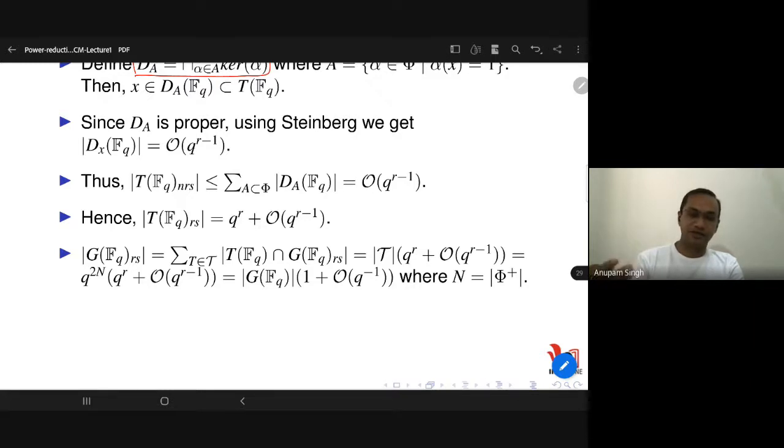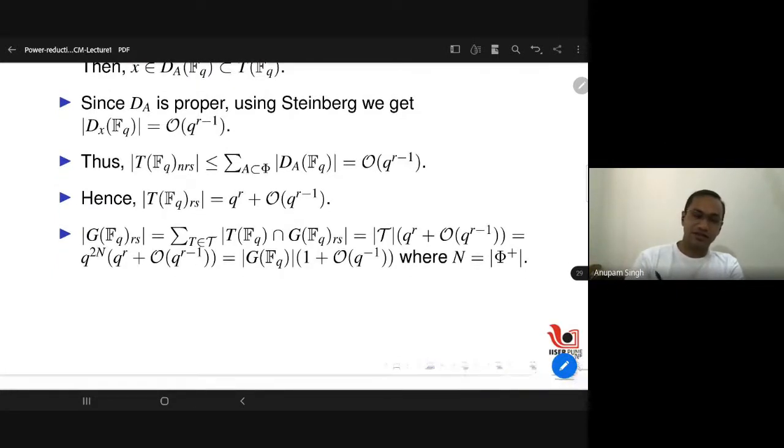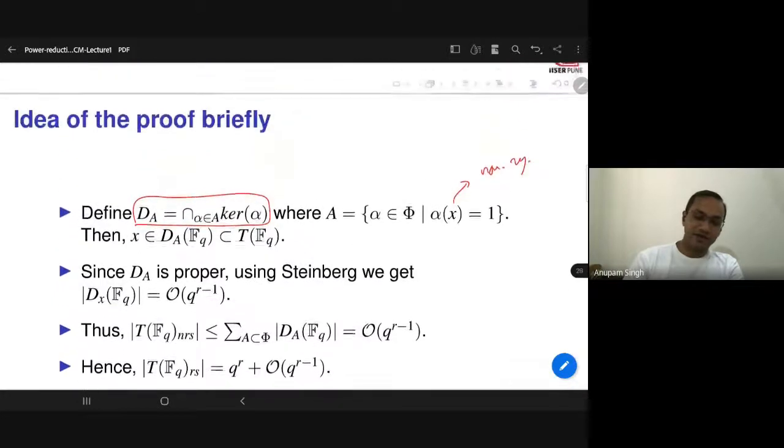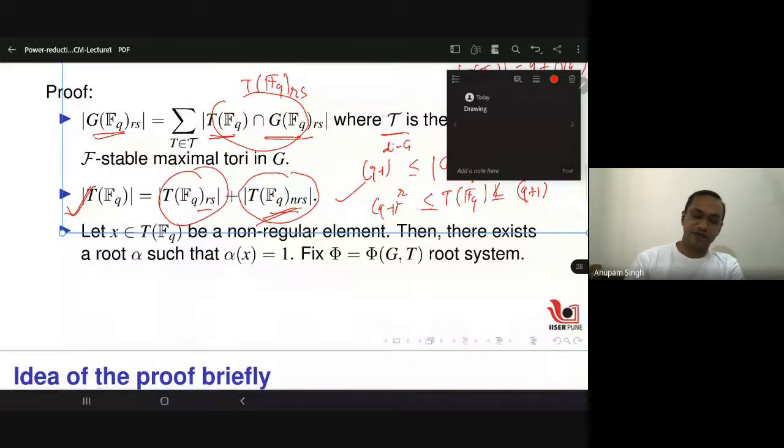It will be some constant that depends only on the structure of the group G, because it depends only on the root system. And hence, combined with the earlier equation here, T(F_q)^rs is of order T(F_q) and T(F_q)^nrs.